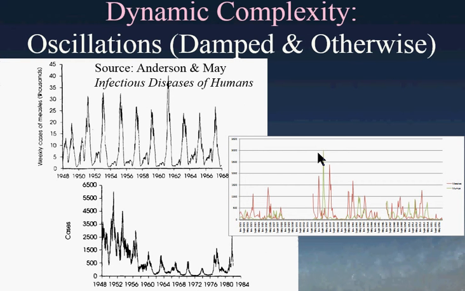These are time series from England and Wales, and from Saskatchewan, for pertussis. They're in some of the overlapping years as well. And once again, we see these interesting emergent patterns, this waxing and waning associated with pertussis.